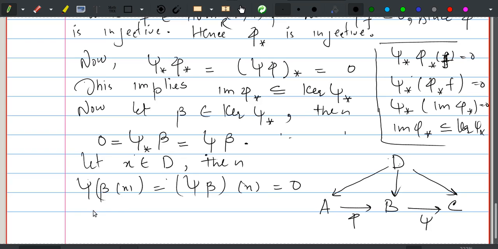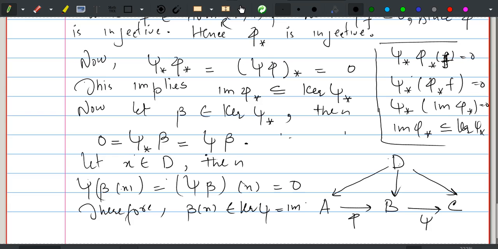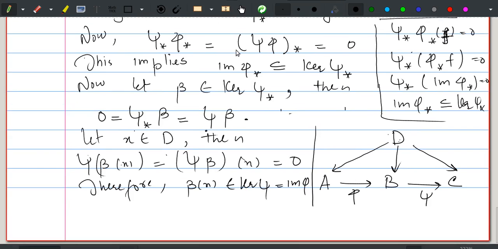Therefore beta of x is in kernel of psi, which is same as image of phi. Now this is the crucial point here.